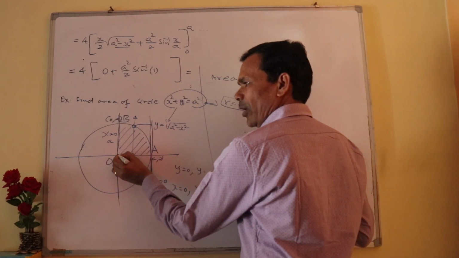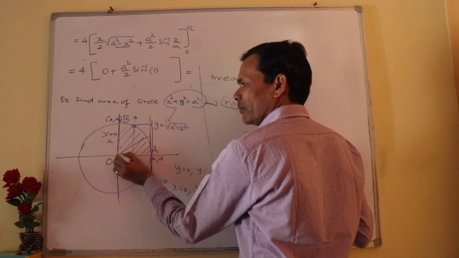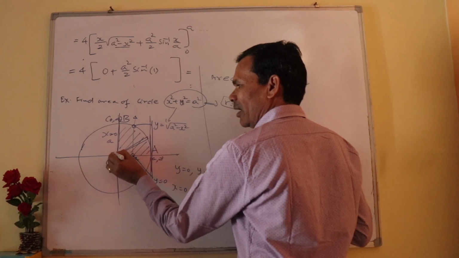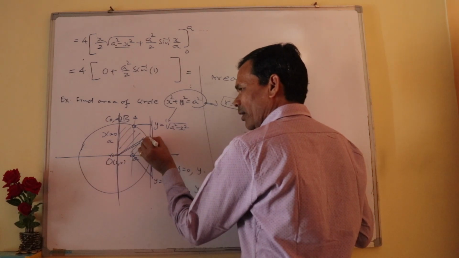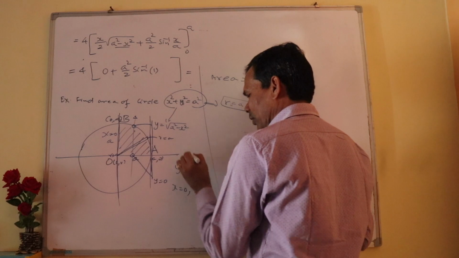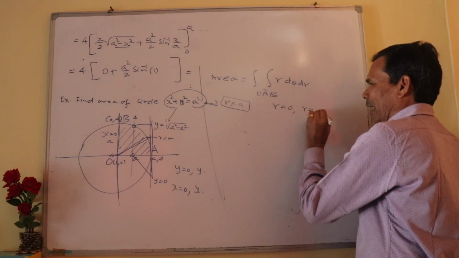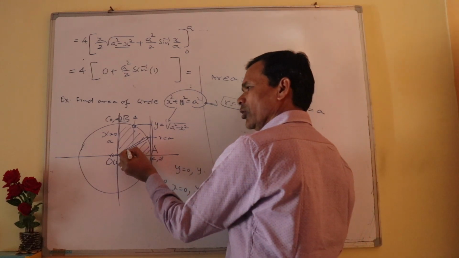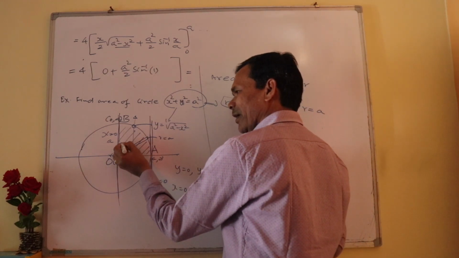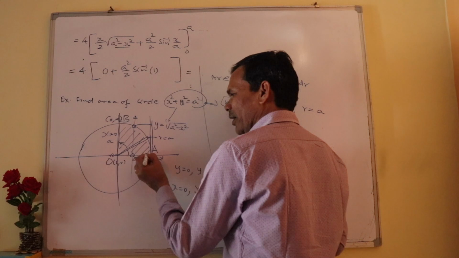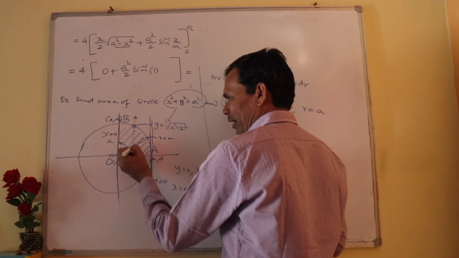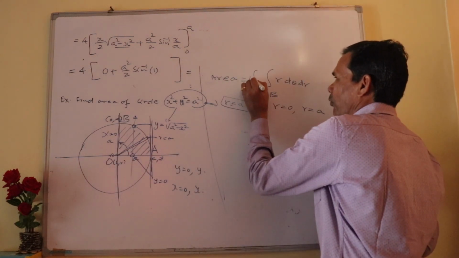Now in polar we take the radial strip here, and here r is equal to 0, here r is equal to a. So these are the limits for r, 0 to a. You have to move this radial strip in the anti-clockwise direction in order to cover this quadrant of the circle, so we make it 4 times.